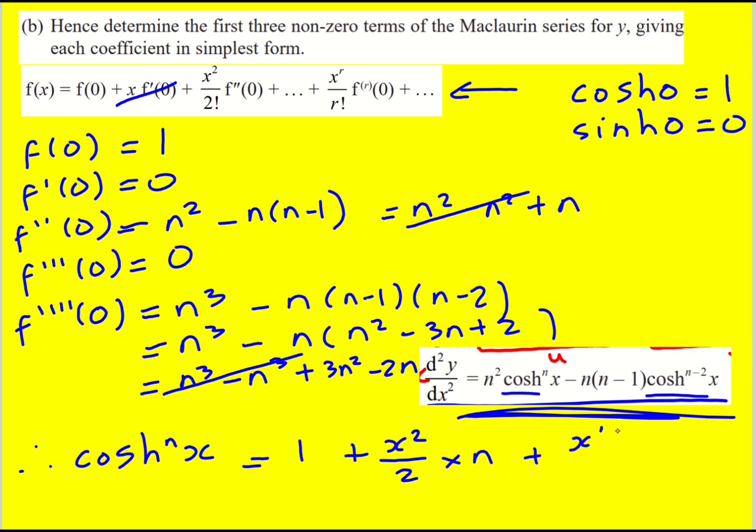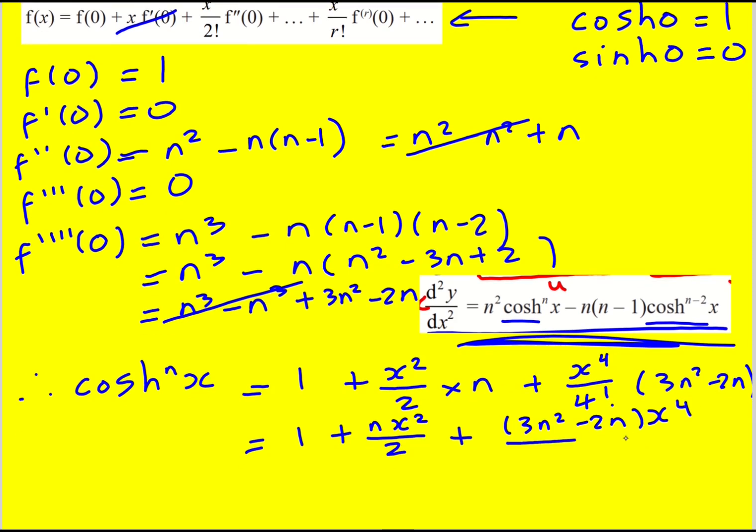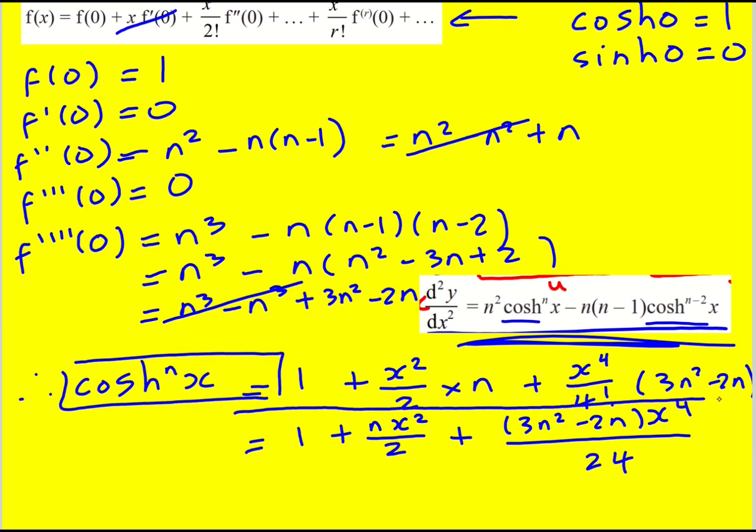But then I'll get x to the 4 over 4 factorial multiplied by 3n squared minus 2n. This gives 1 plus nx squared over 2 plus 3n squared minus 2n x to the 4 all over 24. That is our Maclaurin series. Magnificent.